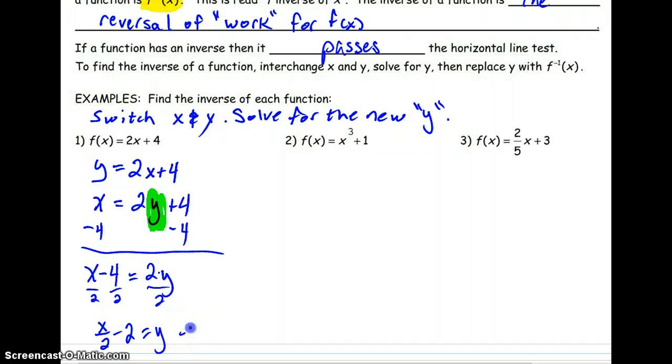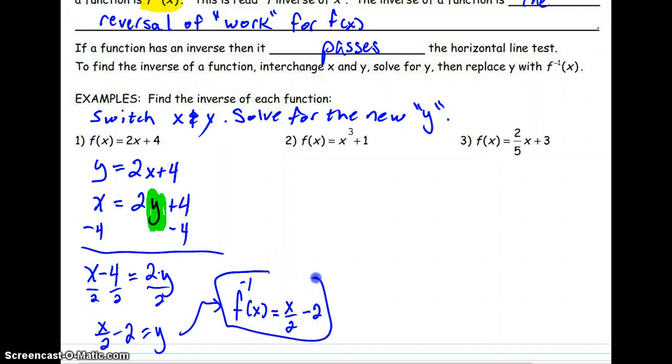This is our inverse, but we're going to write it in a very specific way. Like we said, the notation is f -1 of x. Read f inverse of x is x over 2 minus 2. So what we're doing every time is we switch x and y, and then we solve for this new y.